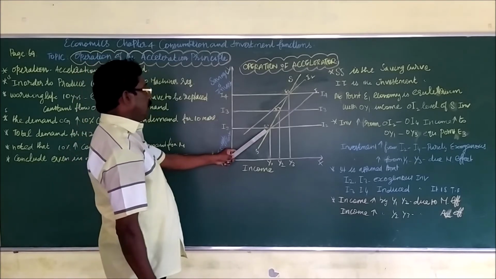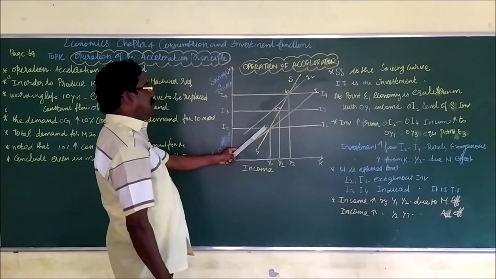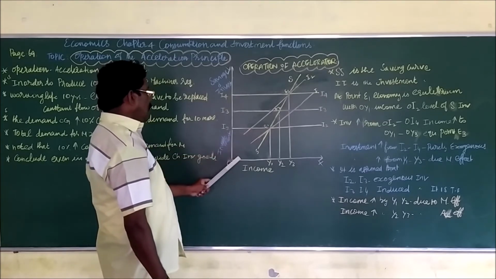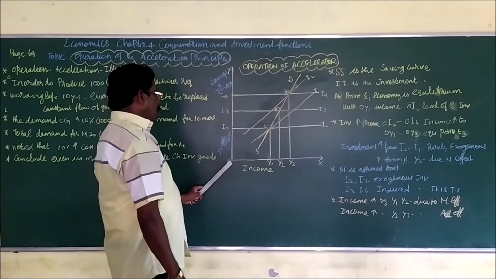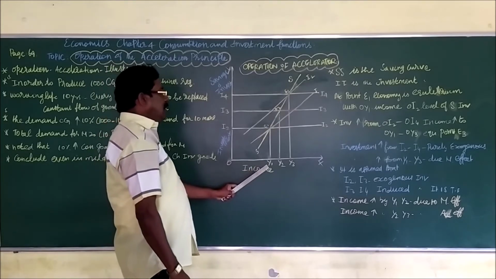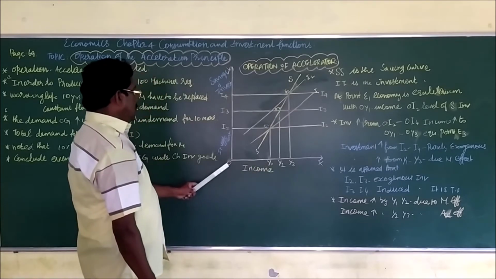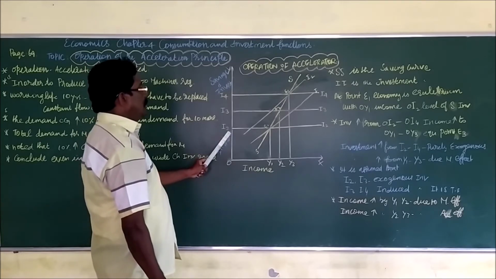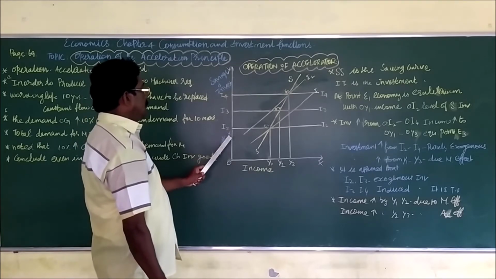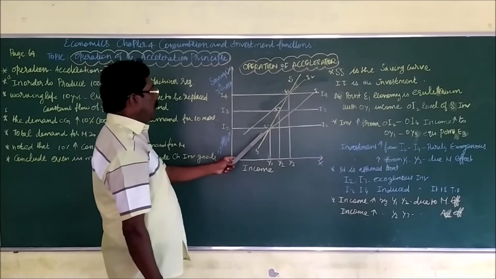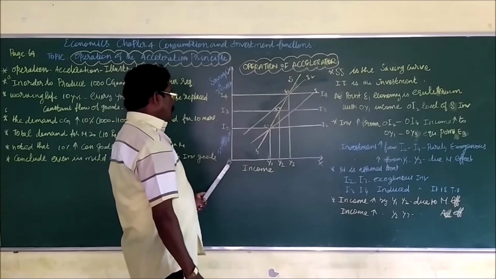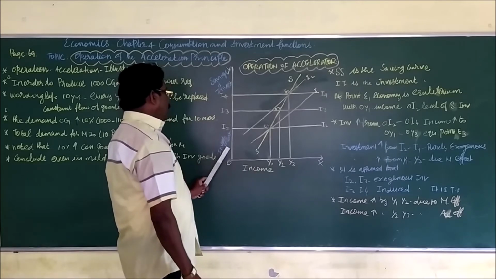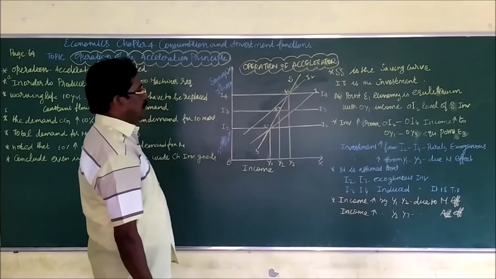So the equilibrium number 1, that is E1, is the equilibrium point, achieving the level of income OY1 and the same level of investment, OI2, and the savings.